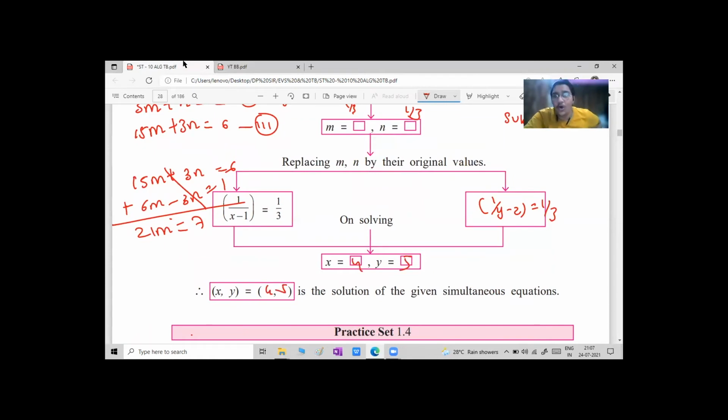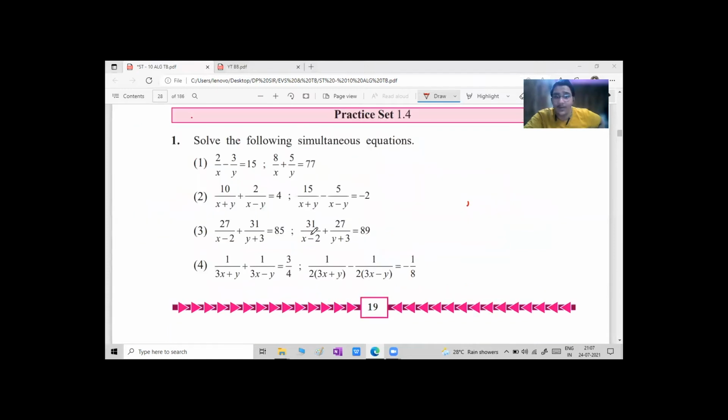This you need to solve. Once you solve, you become habituated to it. अगर तुम्हारा पहले का बेस वीक है, प्रैक्टिस सेट 1.1 अभी भी नहीं आ रहा है, refer the video, ask your doubts and I will clear it. तो ही ये तुम 4 questions अच्छे से कर पाओगे. Definitely in the exam you are going to find any one of these questions for 3 to 4 marks.